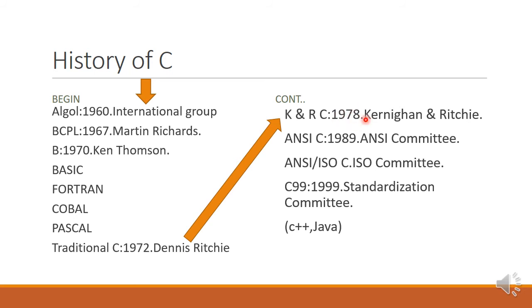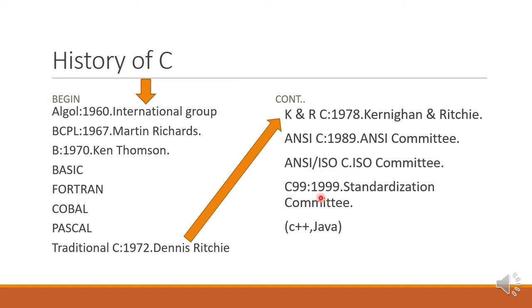After writing this book together, they published it. In 1989, ANSI C was introduced by adding some important characteristics like volatile, and it was accepted by the ISO committee, and afterwards it is called ANSI or ISO C.